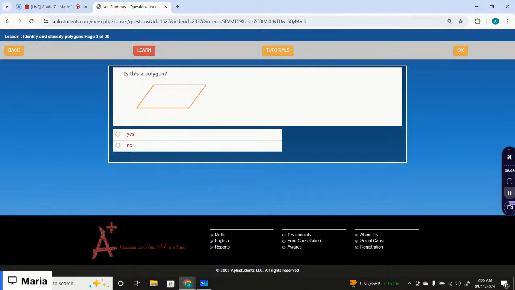Is this a polygon? Yes, it is a polygon. The correct option is yes.